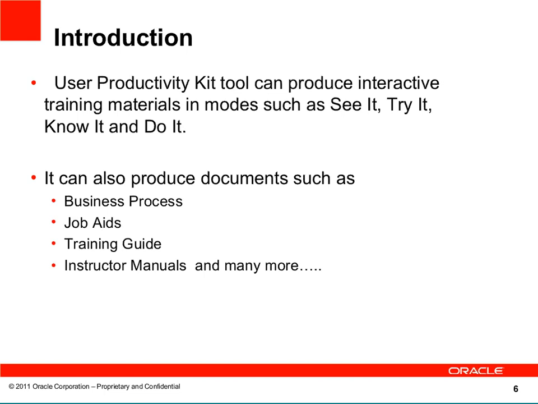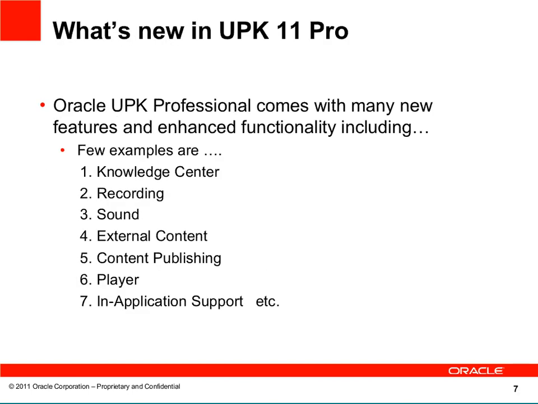In addition to the interactive view, UPK produces the following documents, such as the business process, job aid, training guide, instructor manuals, and many more. So, what are the new features which are included in UPK 11 Professional?